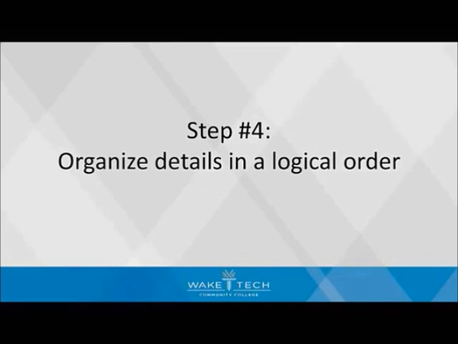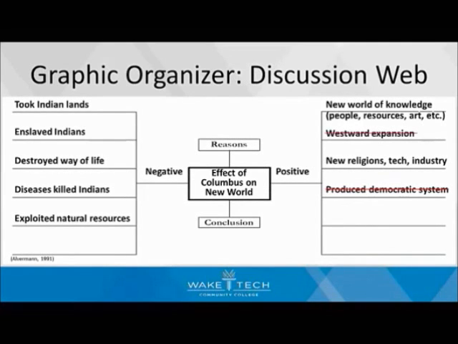Let's go back to our graphic organizer and put our details in the order we want them to appear in our response. I like the idea of starting with destroyed way of life because this is a more general idea, and the other ideas can be used as examples.